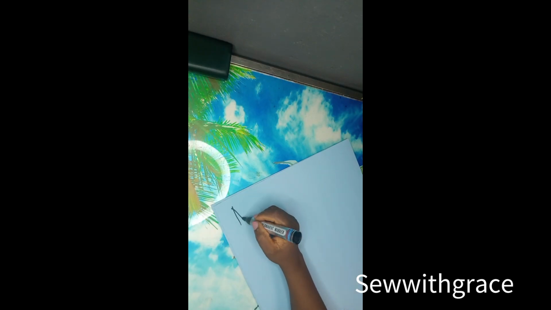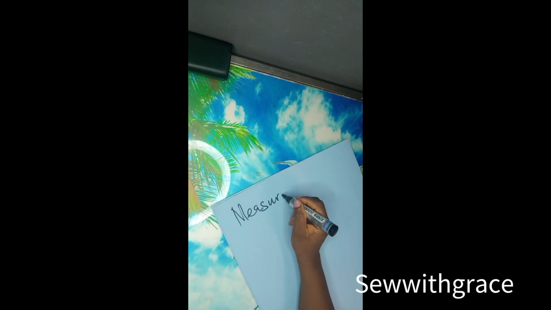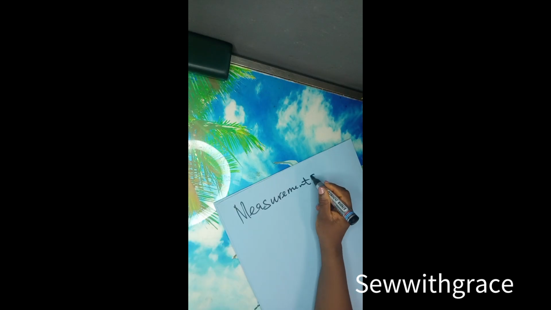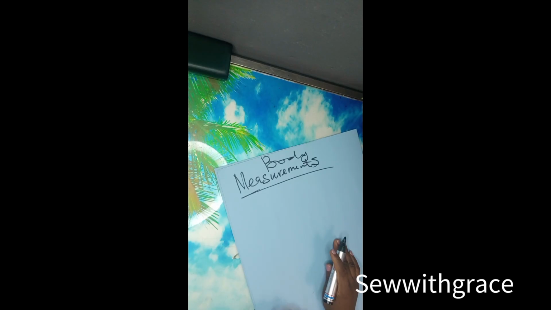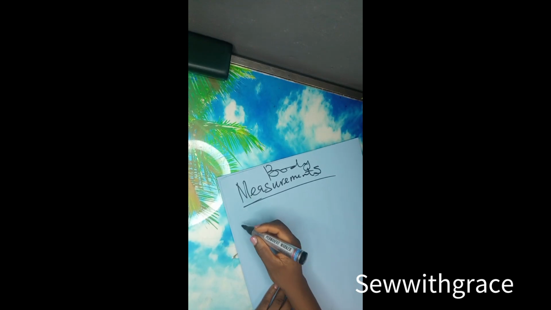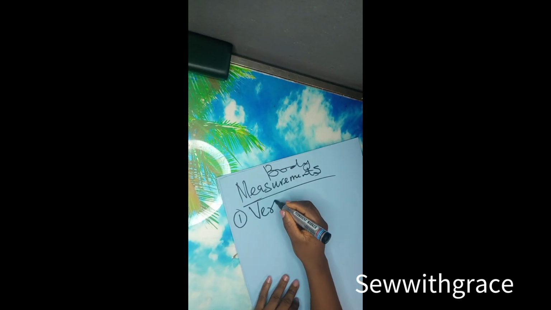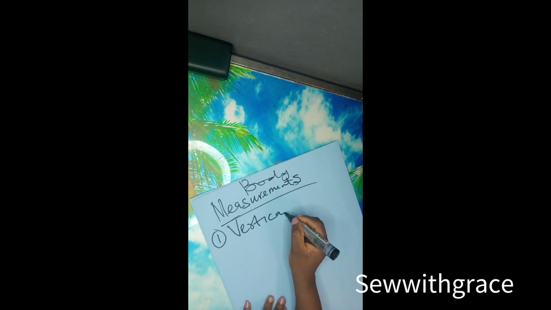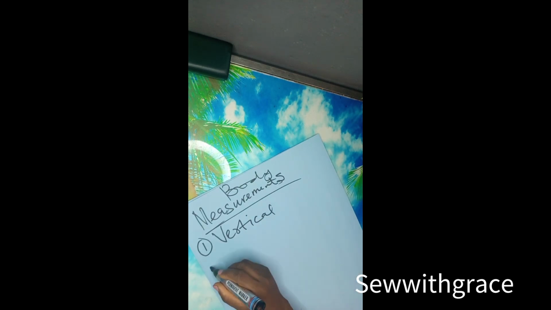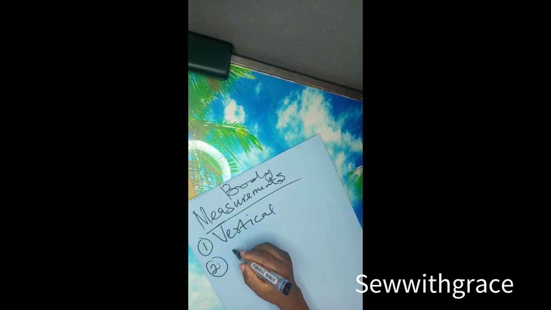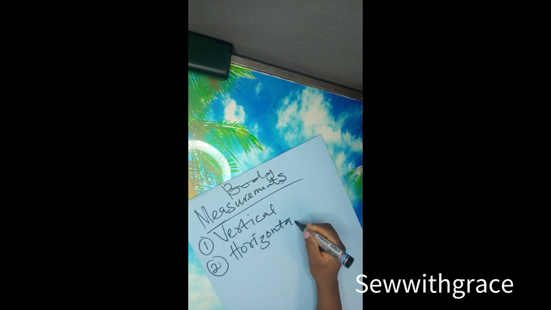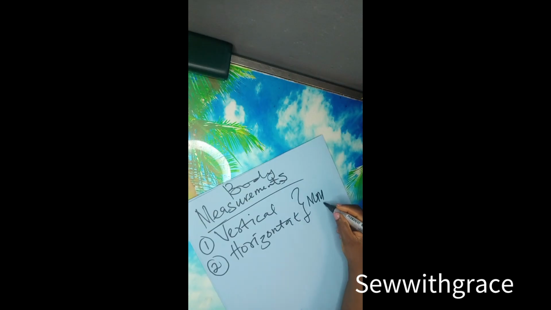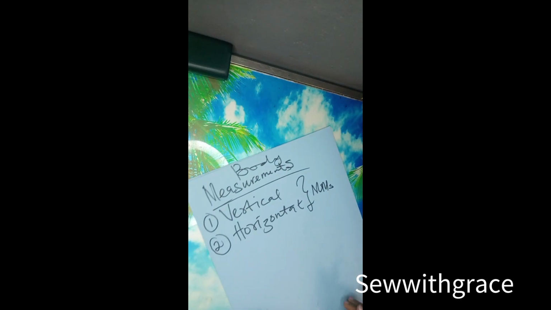When you are talking about body measurement, both female and male, just know that you are going to be seeing things like vertical measurement. Number two, you're going to be seeing things like horizontal measurement.